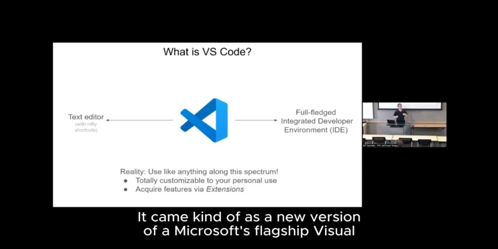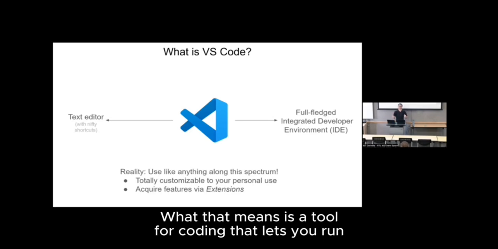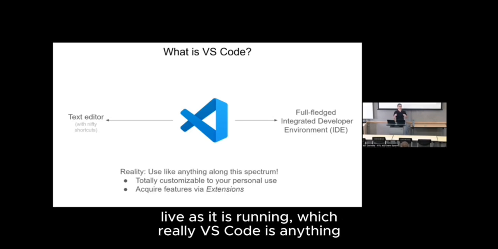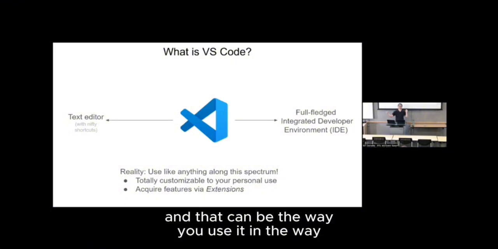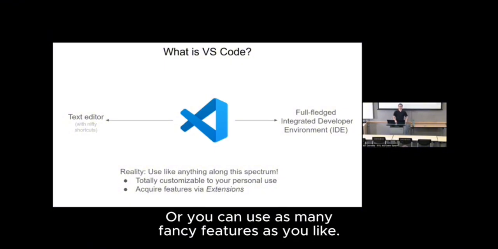It came as a new version of Microsoft's flagship Visual Studio integrated developer environment. What that means is a tool for coding that lets you run and program code and also interact with the code live as it is run. But truly, VS Code is anything along the spectrum. You can use it just for basic text editing, in the way that is best constructed for you. Or you can use as many fancy features as you'd like.